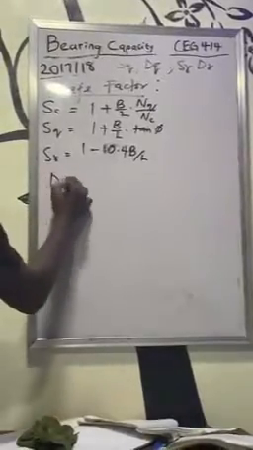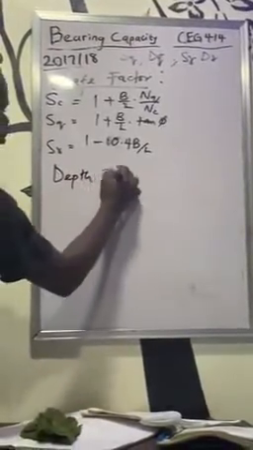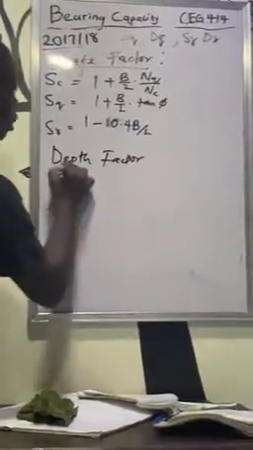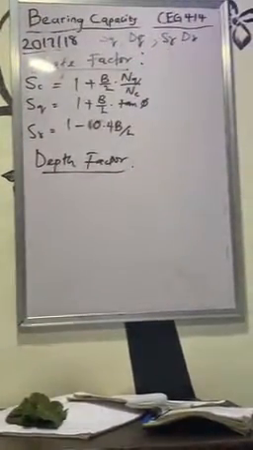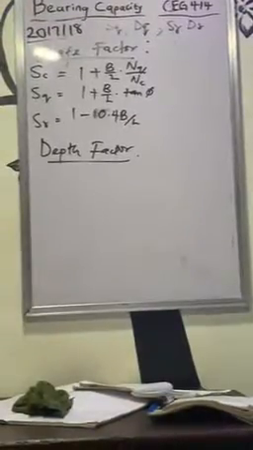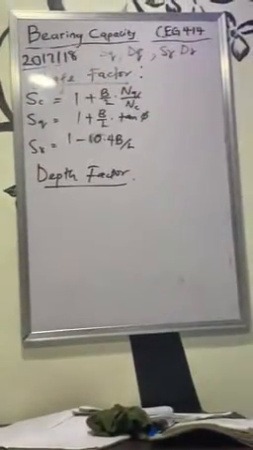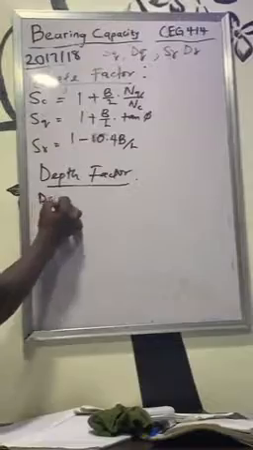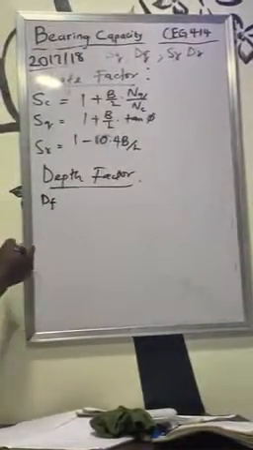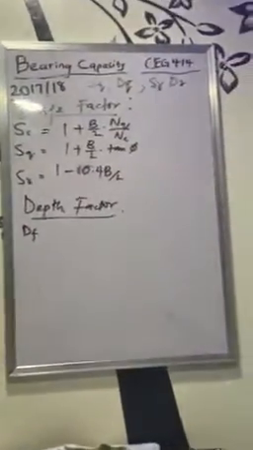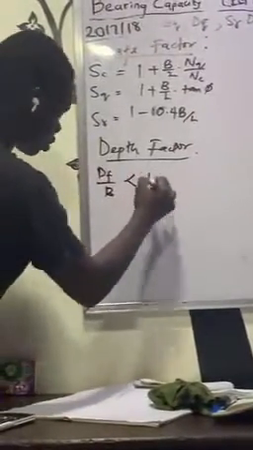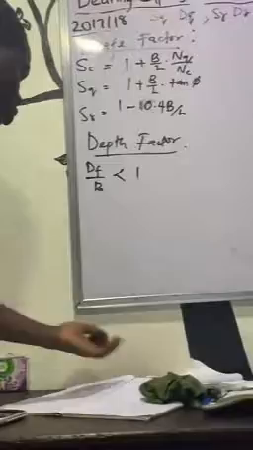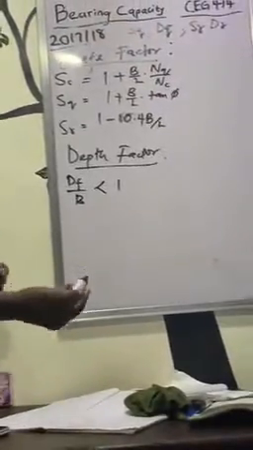So also depth factor. Meyerhof gave different formulas for different situations. Now, depth factor, you know what we call DF, which is depth of the foundation. If DF over B is less than 1, you have a depth factor for a shallow foundation.